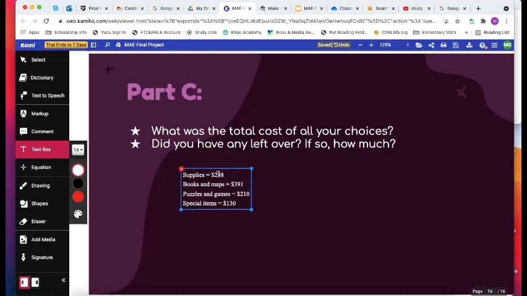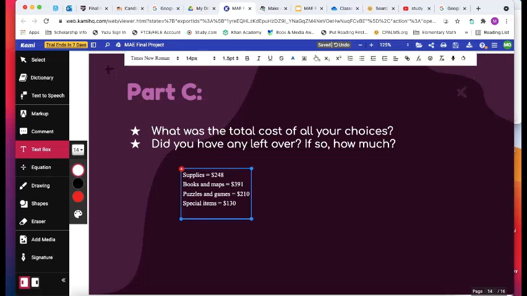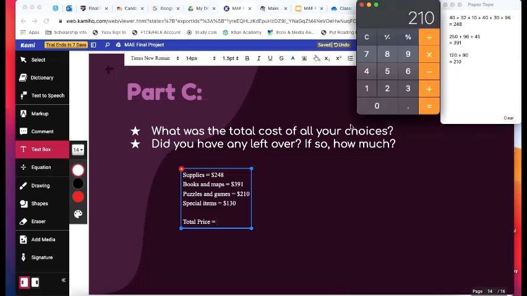So now we have to add all of these numbers up to get our total price. So if I just add down here, total price equals, now I come over to my calculator and I do 248 plus 391 plus 210 plus 130.